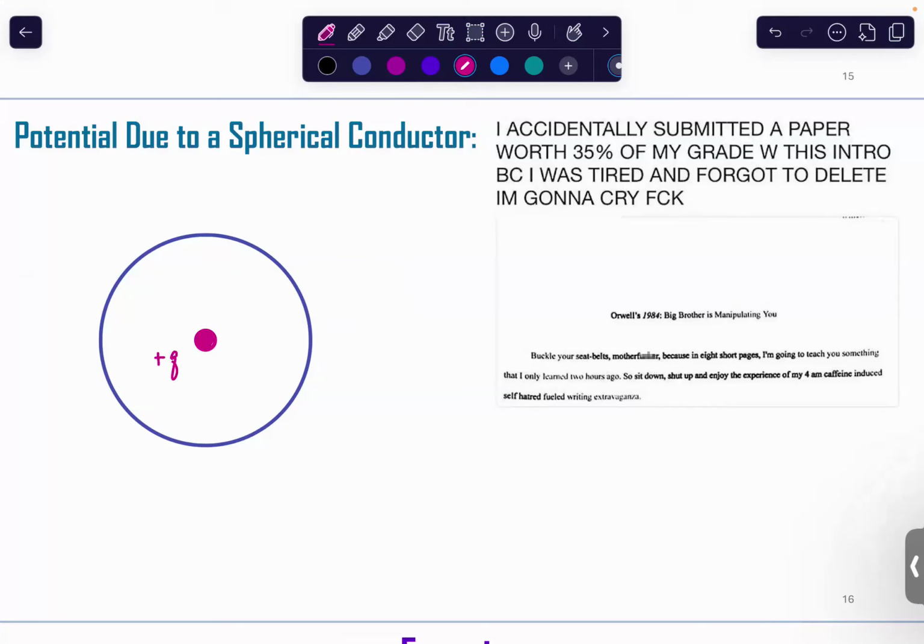So we have a positive charge at the center of the sphere. What's going to happen is the electric field is going to be transferred to the surface of the sphere. This is a conducting material, so the charges inside the conducting material are going to rearrange themselves and transfer this charge and the electric field to the outer surface.